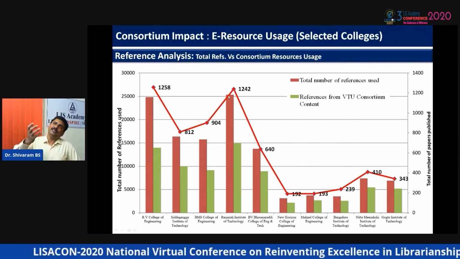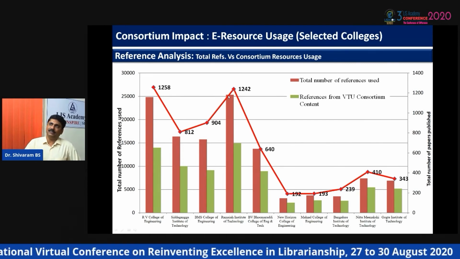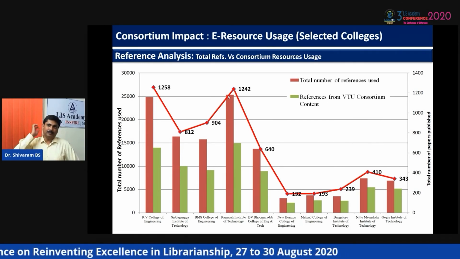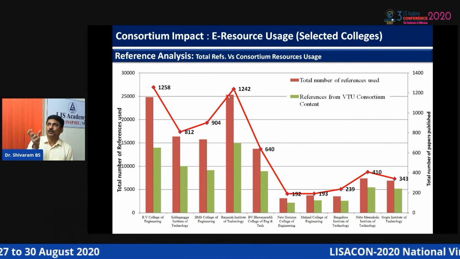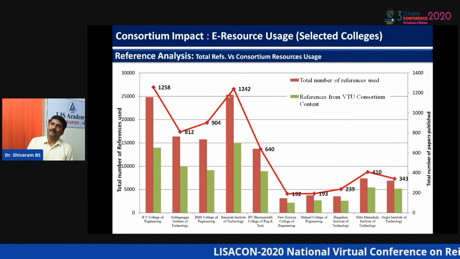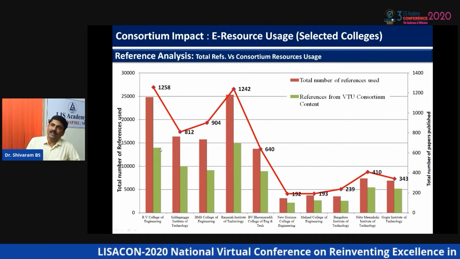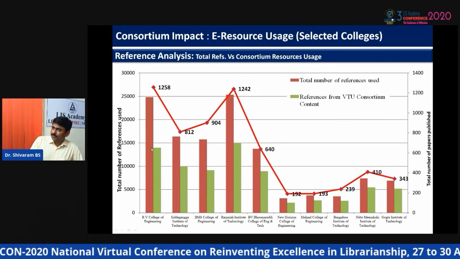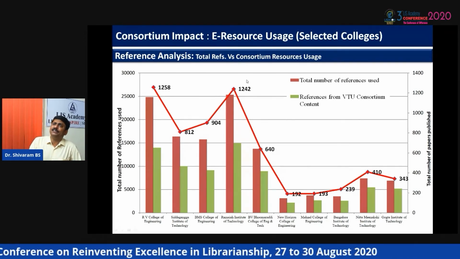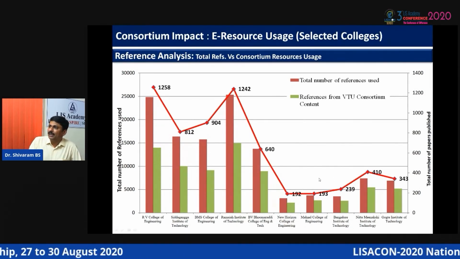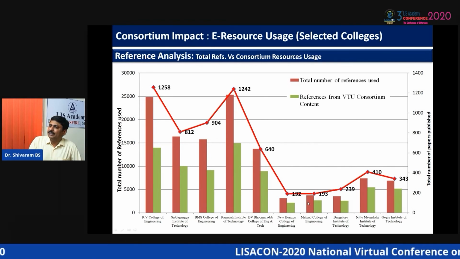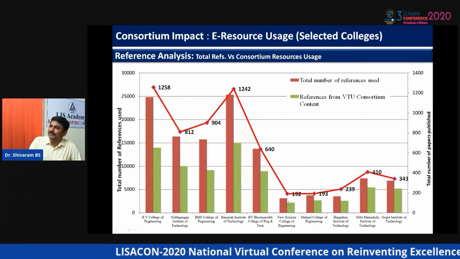So what we did, we downloaded all these references, and we designed one PHP module called Mapak, which is used to extract the source of these references. Okay, then we found that almost 50 to 60% of these references were coming from our consortium content. Of course, when you look at tier 2 colleges, that 60% becomes almost 70 to 80%.